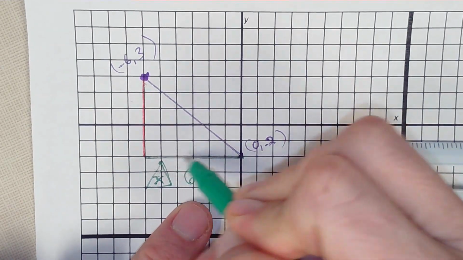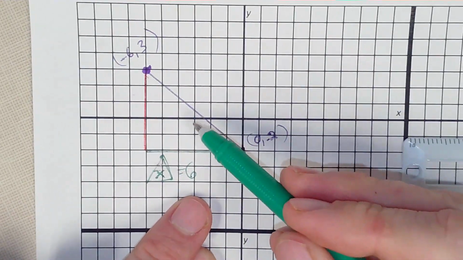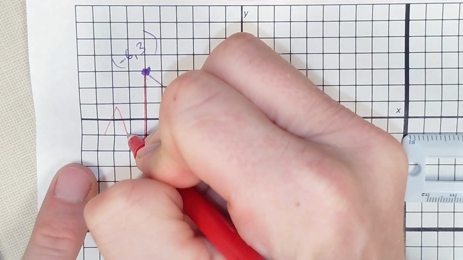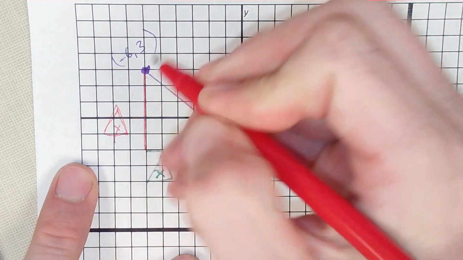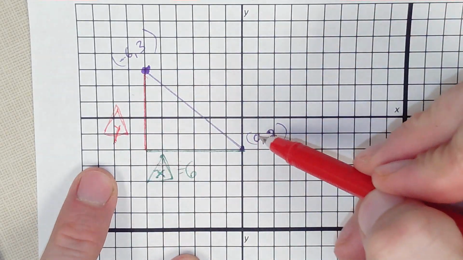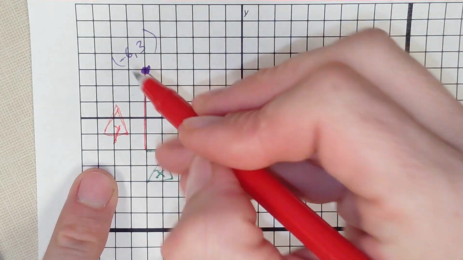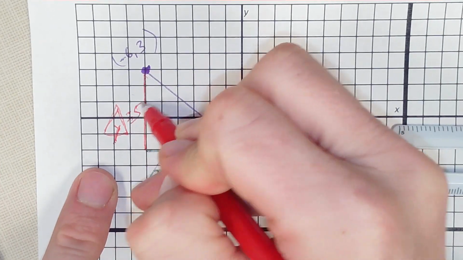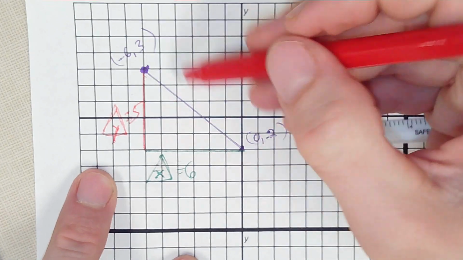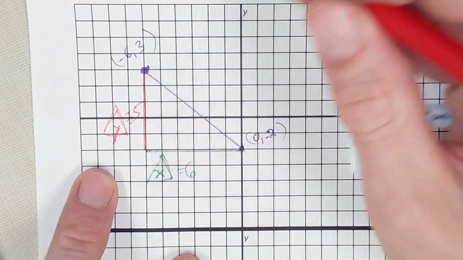So this line is 6. And the absolute value of my change in y, between -2 and 3, is 5. There are 5 units between -2 and 3, 2 up and 3 down.